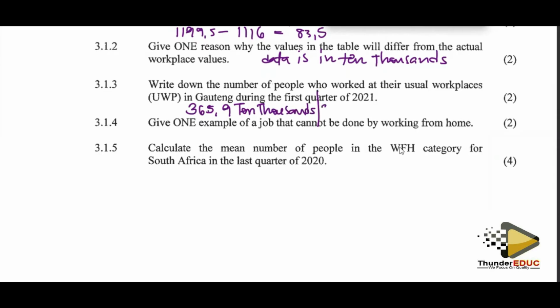If you don't want, you write it as that much times 10,000 to get the normal number, which will be 3,659,000.